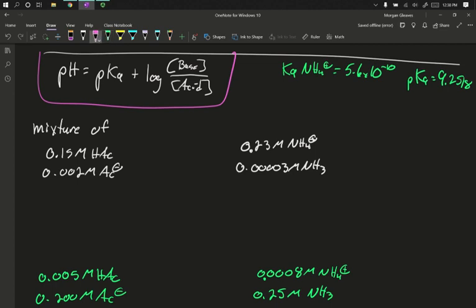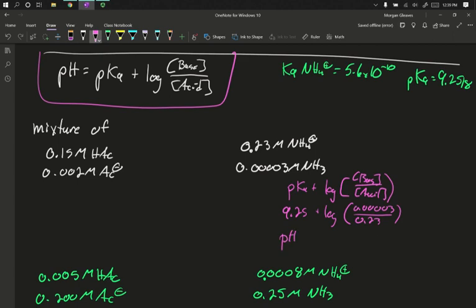For any of these mixtures, I can solve the pH by taking the pKa and adding the log of the concentration of the base divided by the concentration of the acid. 9.25 plus the log of 0.00003 divided by 0.23. Our ammonia is the base of the ammonia-ammonium conjugate acid-base pair. 9.25 plus the log of those, we find that the pH is equal to 8.61.